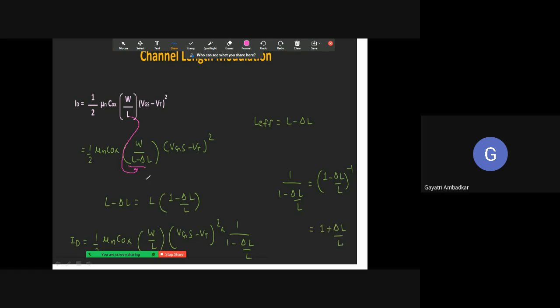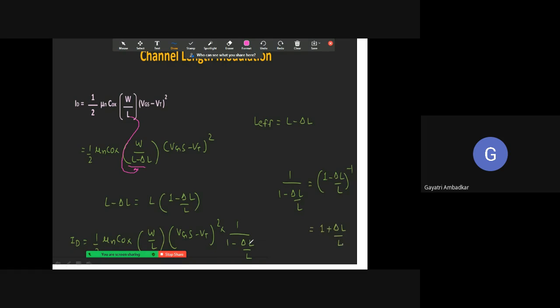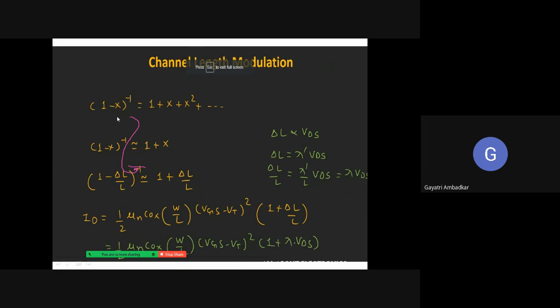Now L minus delta L can also be written like this, and if you further solve this, you can write 1 minus delta L bracket raised to minus 1 as 1 plus delta L. How? Because you have studied the expansion of the series 1 minus x raised to minus 1, that is 1 upon 1 minus x.